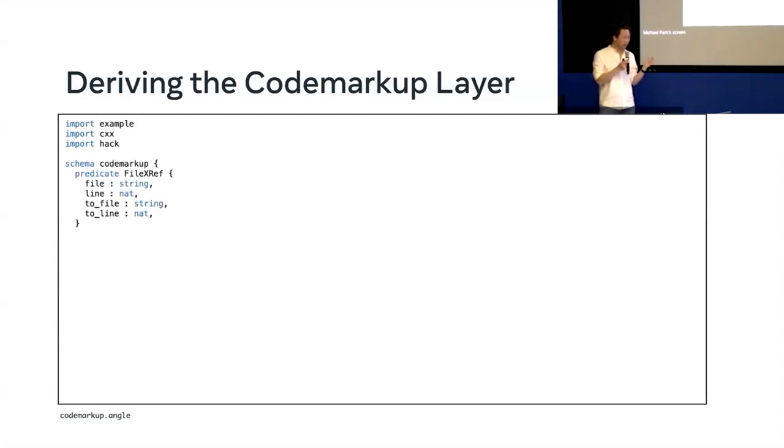And the code markup layer, the file xref, is going to be language agnostic. And so the target, rather than being a record declaration like we had before, is just going to be a file location. So we're losing information, but it's good enough for a code navigation system to query this predicate and say, okay, if you start from here, then go to the file location on the other side. All of the semantic information about each of the languages is stripped away here, but that's fine for a language agnostic tool.